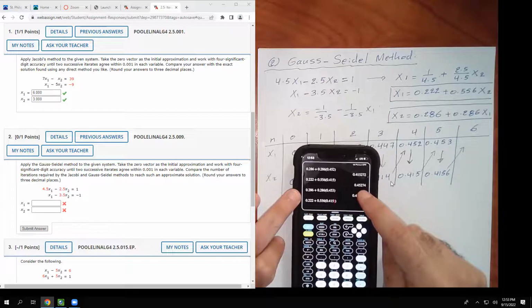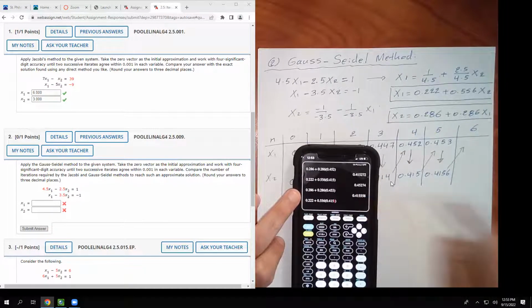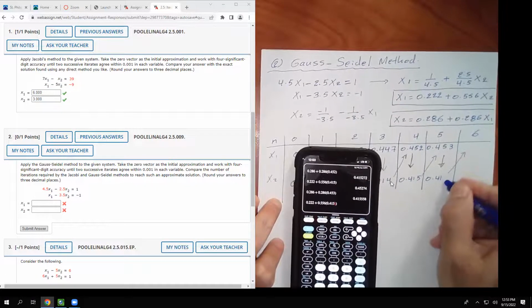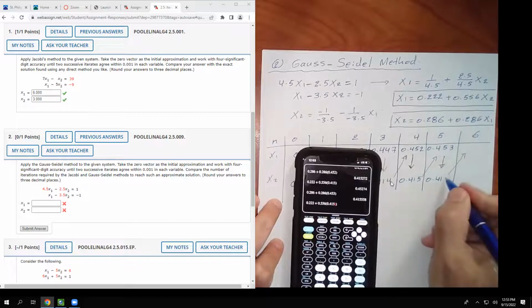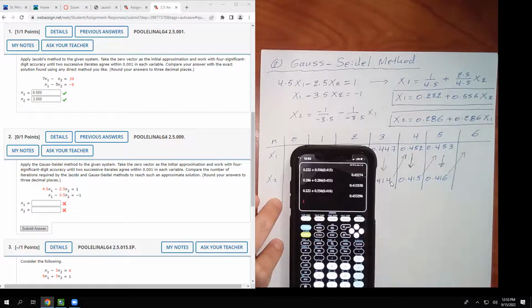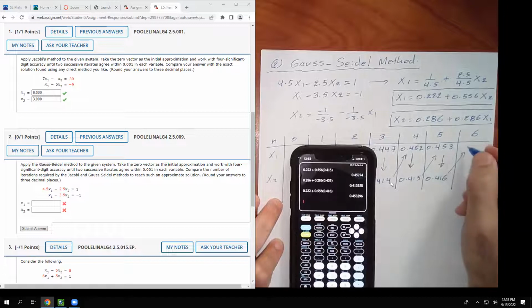X2, we got 4, 5. Yeah, this one is going to be 6. Because of 3 decimal places, so this one. Okay. Now I'm going to change the 5 to 6. So it's going to be exactly the same thing here.